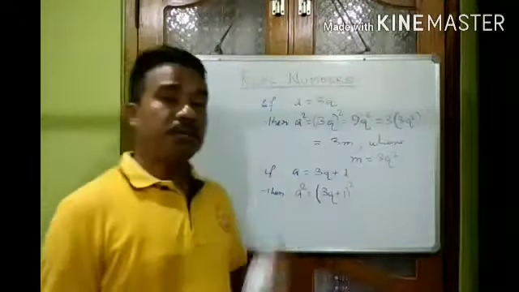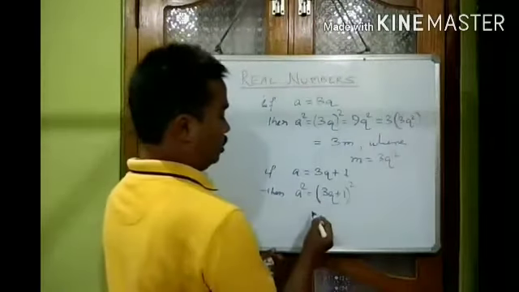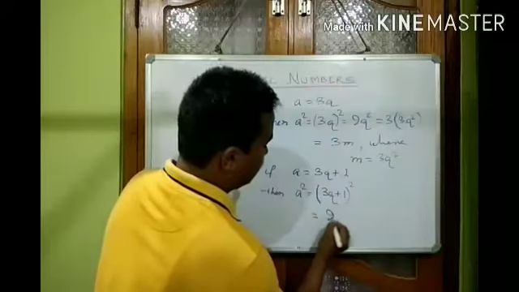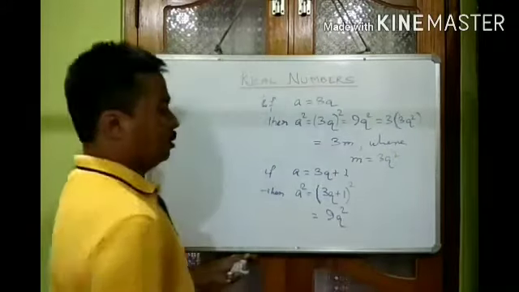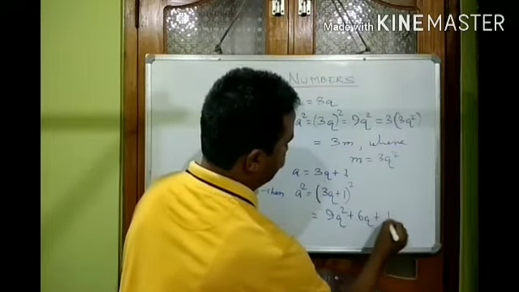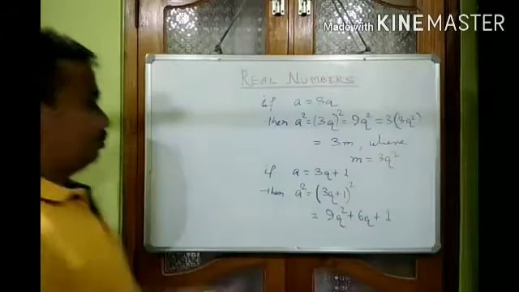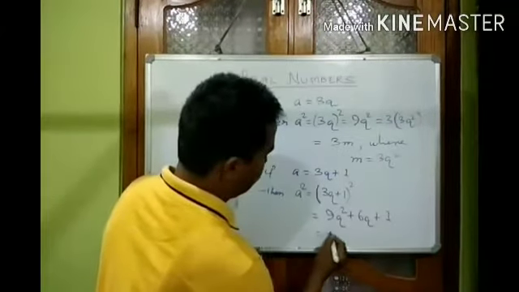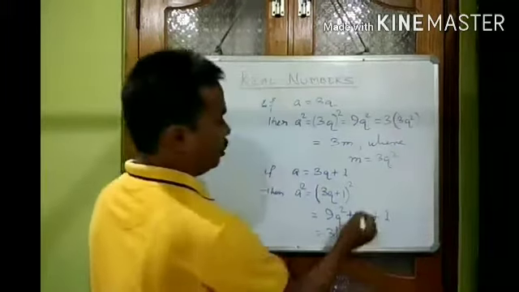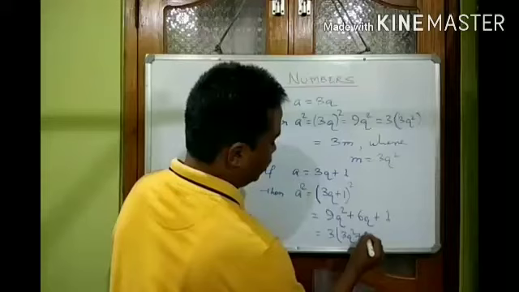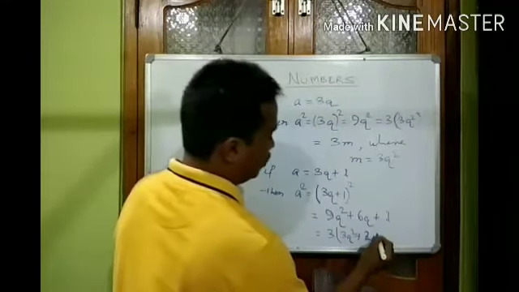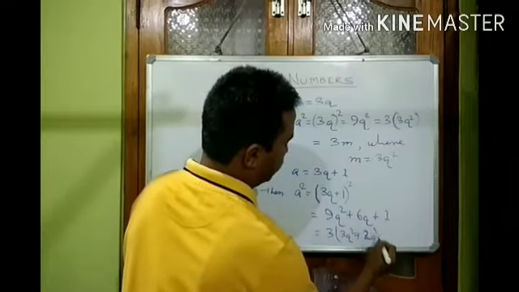So let us expand 3q plus 1 whole square. It is equal to 9q square plus 6q plus 1. If we take 3 common, then it becomes 3q square plus 2q, but here we cannot take common, so it remains as the remainder.